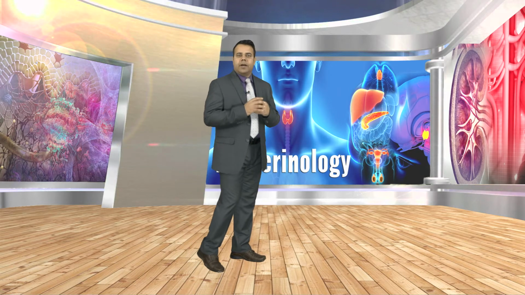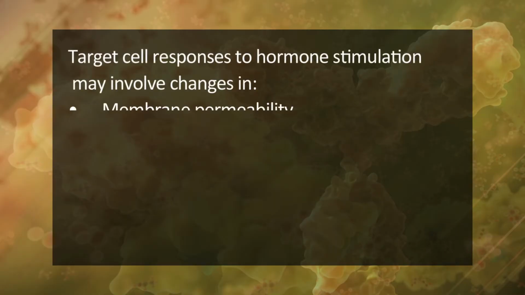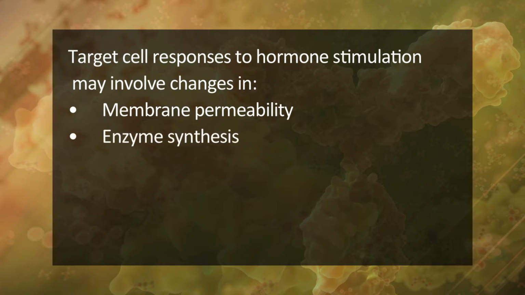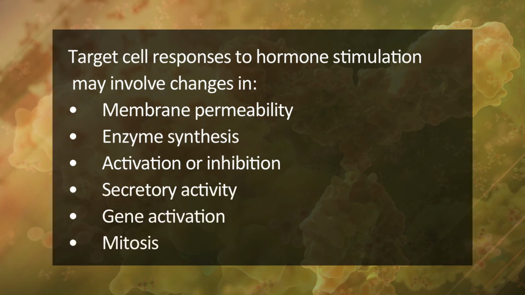Hormones alter cell activity by either stimulating or inhibiting a distinctive cellular response to the target cell. Target cell responses to hormone stimulation may involve change in membrane permeability, enzyme synthesis, activation or inhibition, secretory activity, gene activation, and mitosis.